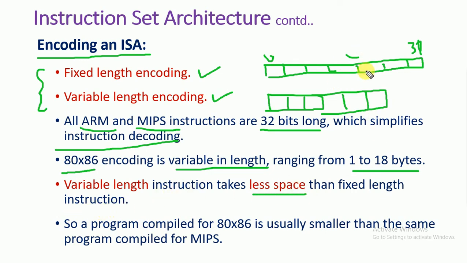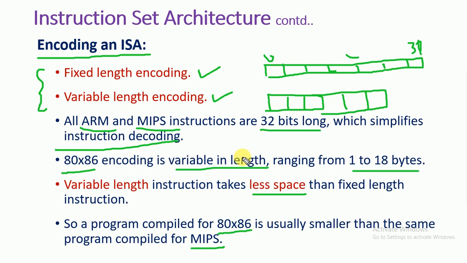You might have understood why it is so. I have already mentioned, a program compiled for 80x86 is usually smaller than the same program compiled for MIPS. So compilation time will be less for 80x86, because suppose a program consists of some 100 instructions, these 100 instructions are stored according to the size of each particular instruction.